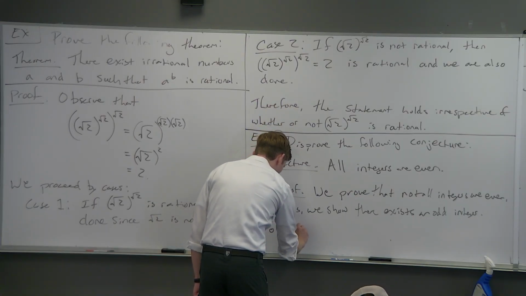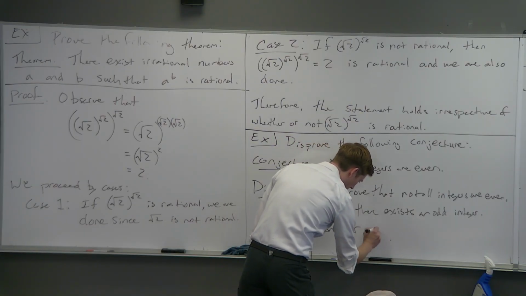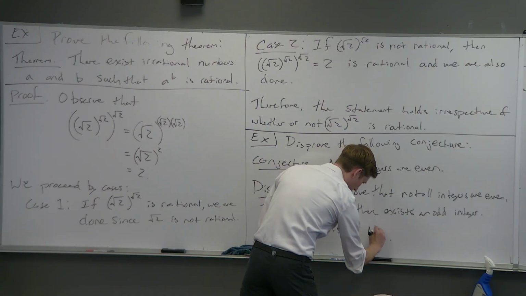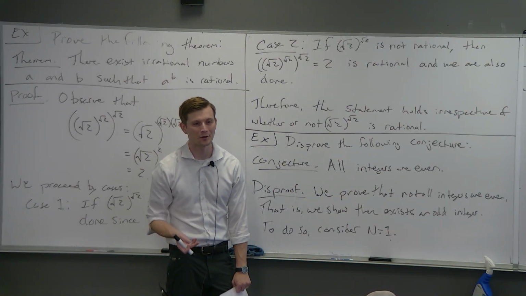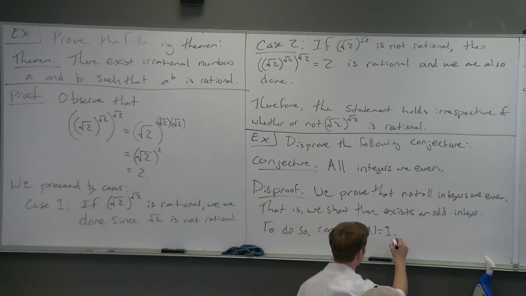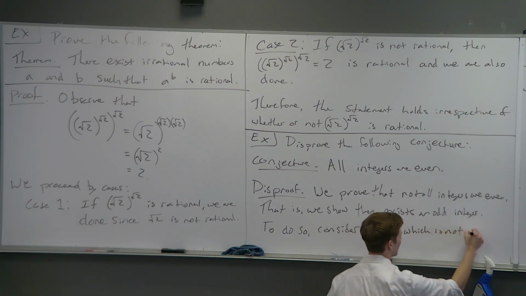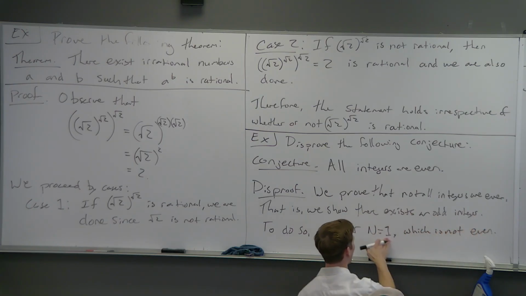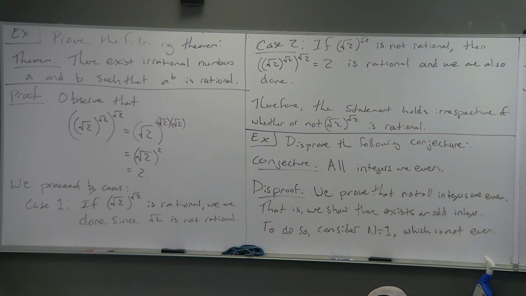To do so, consider the integer n equals 1, or whatever odd number you want. n equals 1, which is not even. Or we could even appeal to one of the statements we've proved about evenness and oddness from before.